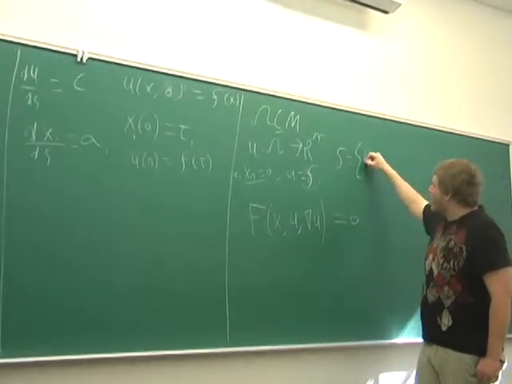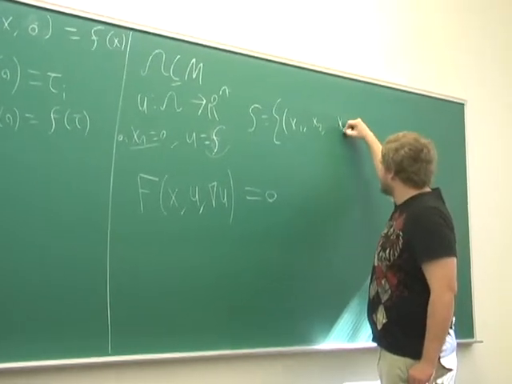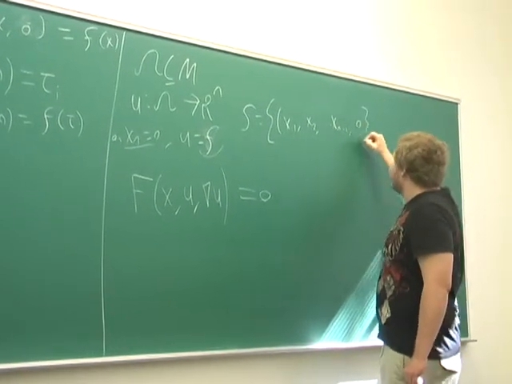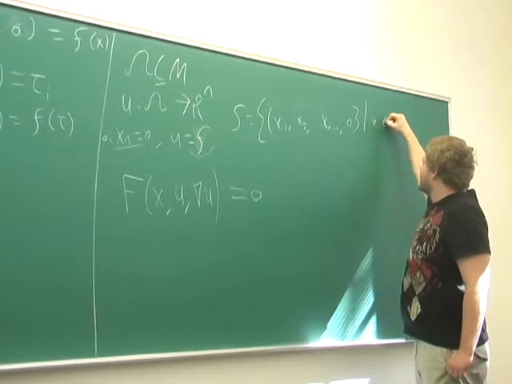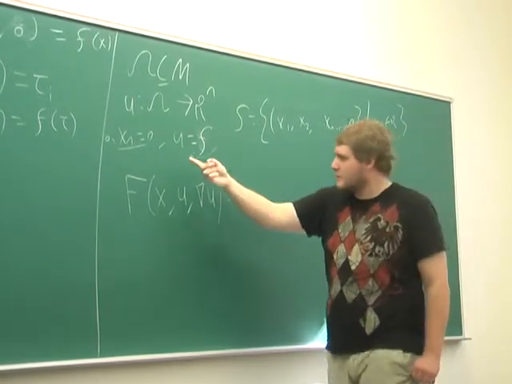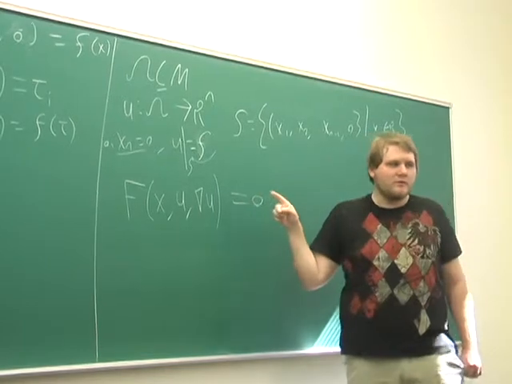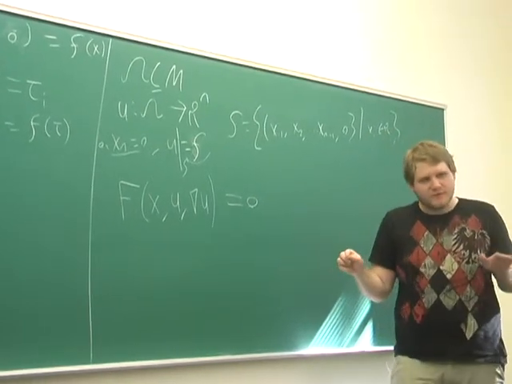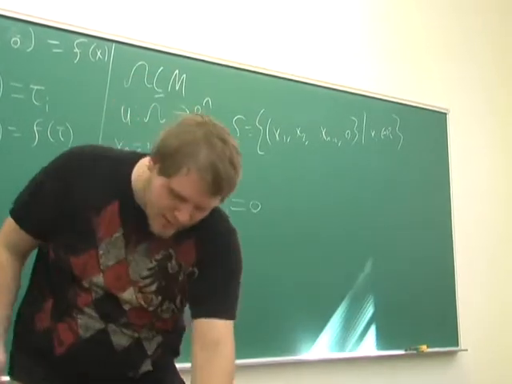This surface is all vectors x1, x2, ..., xn minus 1, 0, such that xi is in R. So this is a surface, and then the notation they use is u along this surface has some value. So hopefully that makes this hypersurface idea make a little more sense. Surface of dimension 1 less.